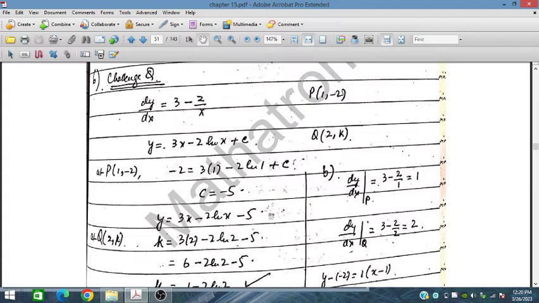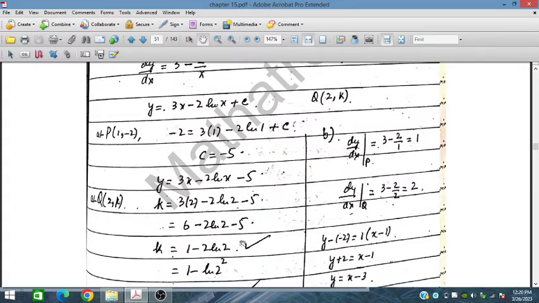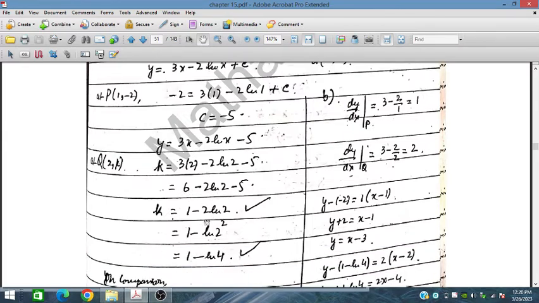So minus 5 and 3 times 2 is 6, minus 2 ln 2, so this is 1 minus 2 ln 2. So this is ln 2 to the power 2, this power comes here, so this is ln 4. So k is 1 minus ln 4, so k is obtained. So this is our requirement in question number 1.